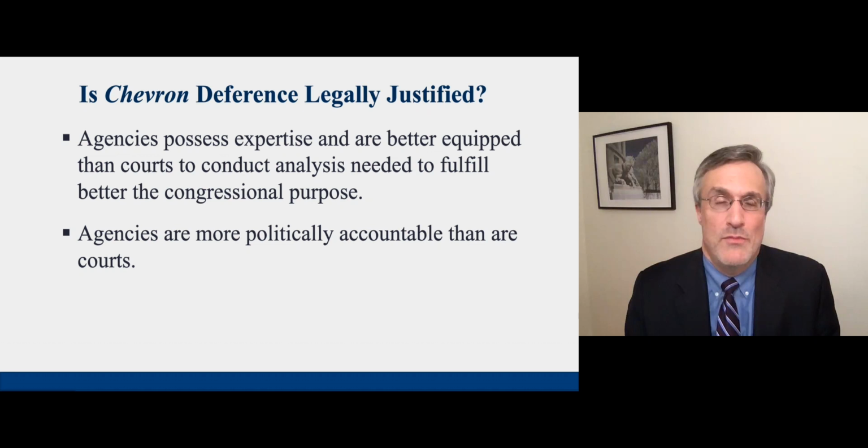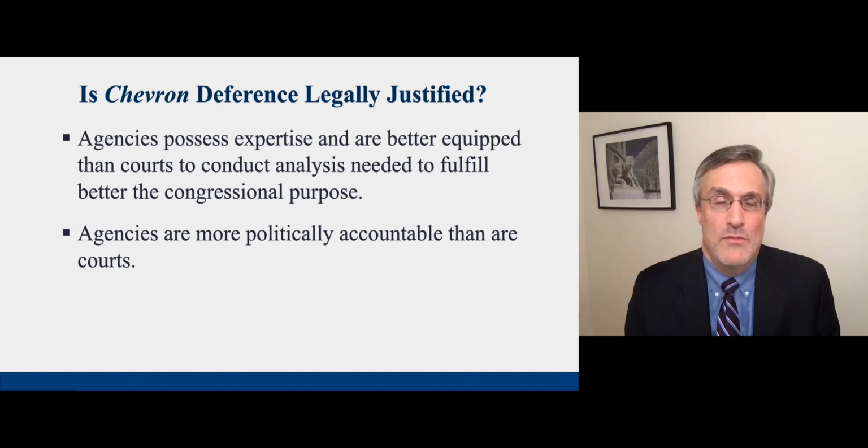Whatever you might think about these arguments, they aren't really legal arguments. They're policy arguments. They're institutional arguments. They're arguments about why it makes sense for judges to defer to agencies. Why, it's a good idea, but a good idea isn't a legal argument necessarily.